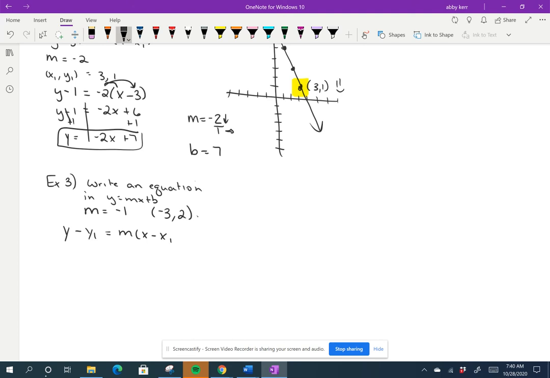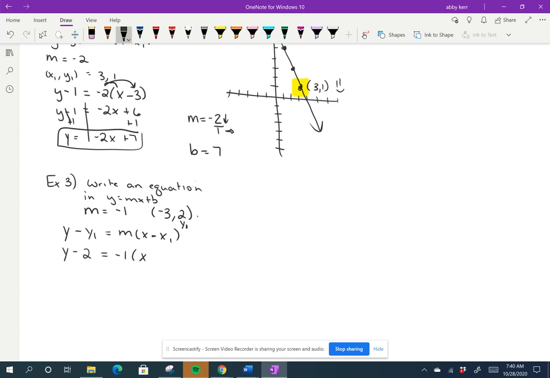So we still have to use the point slope form. But then it's going to be y minus 2. You don't have to use parentheses for that because it's a positive 2. So y minus 2 is just minus 2. The part that I worry about, students do this.